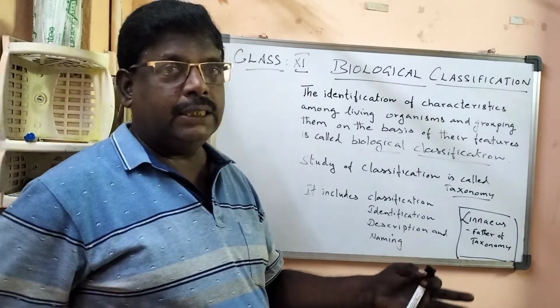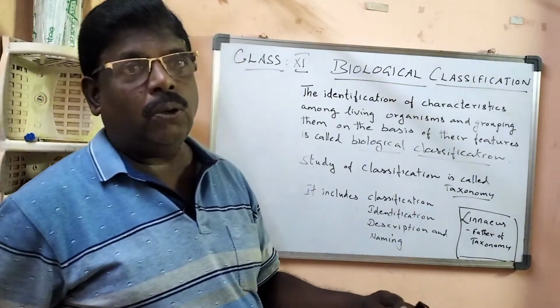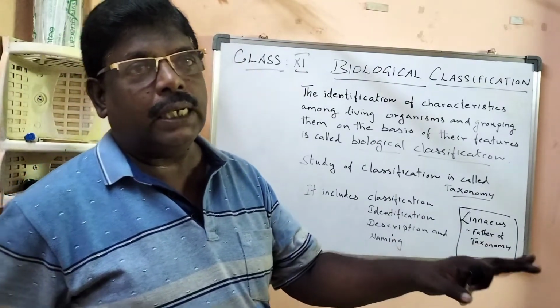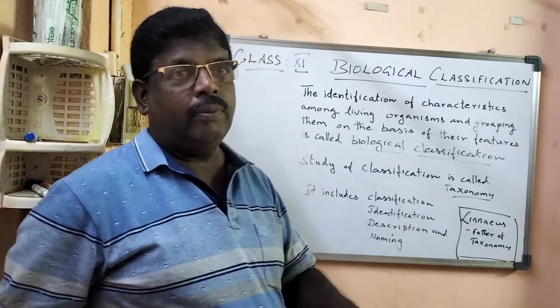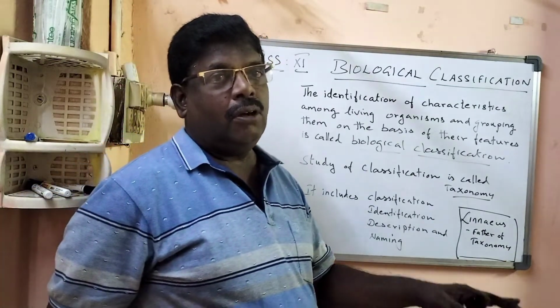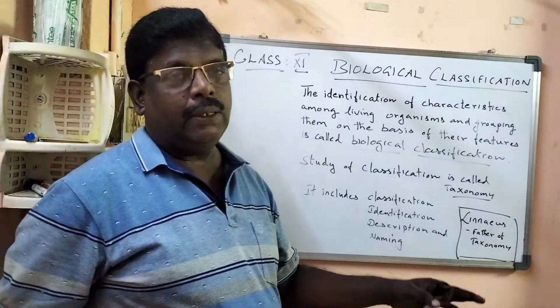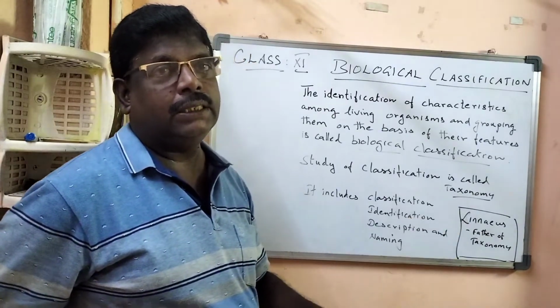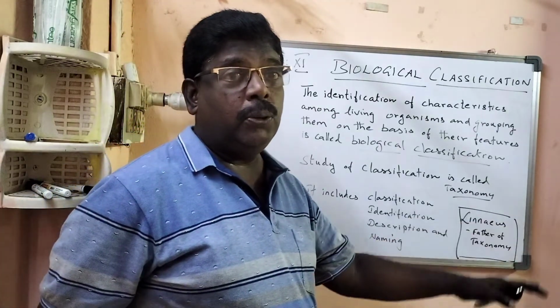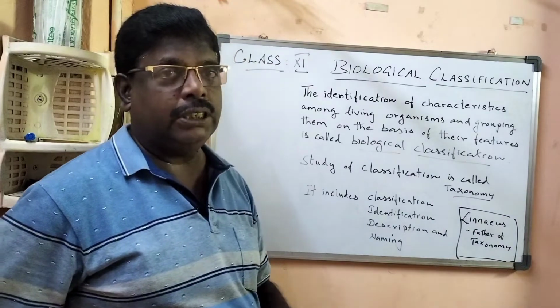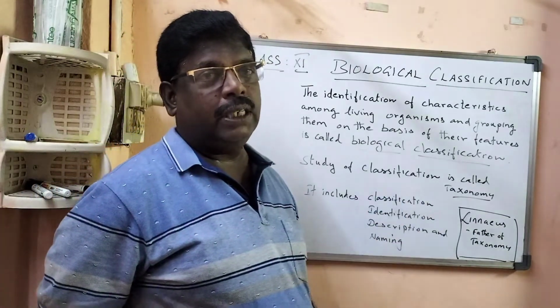Closely related organisms go in one group, and those that are not closely related go in another group. Likewise, you identify the characters and place organisms in different groups based on the salient features. That is called classification.